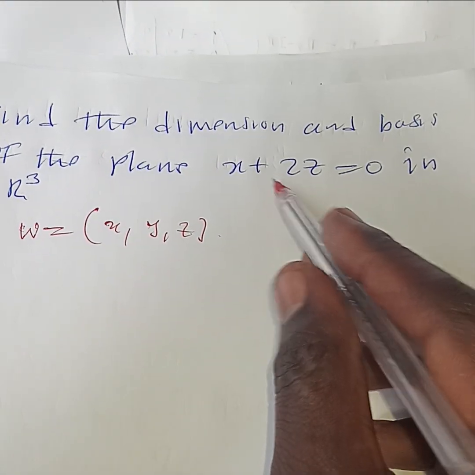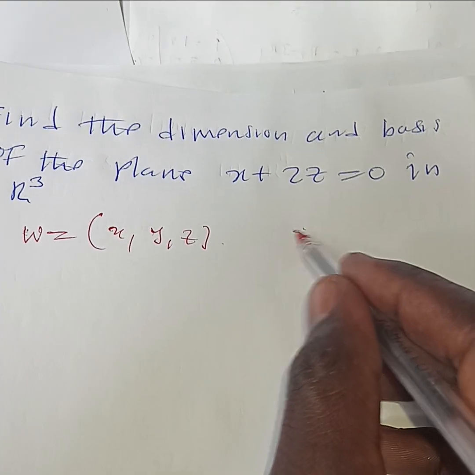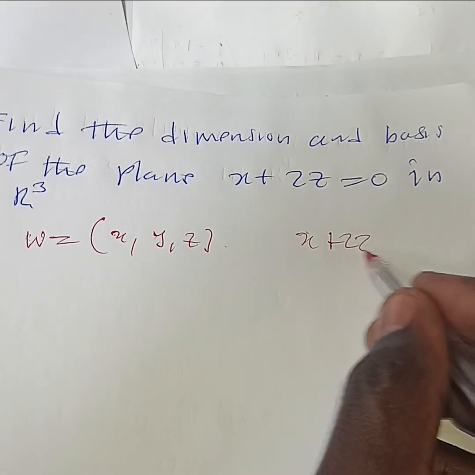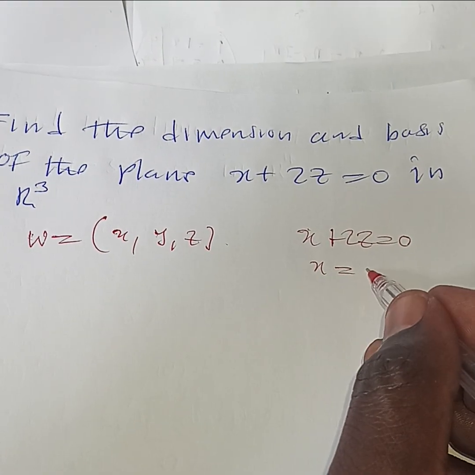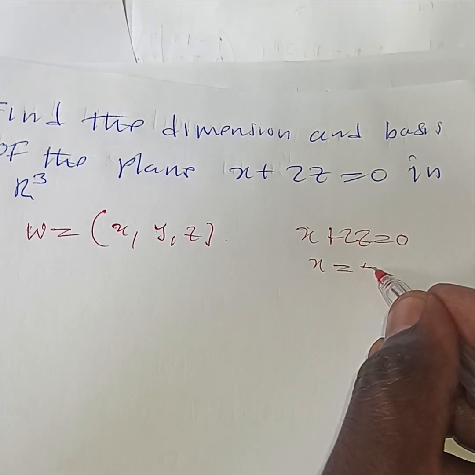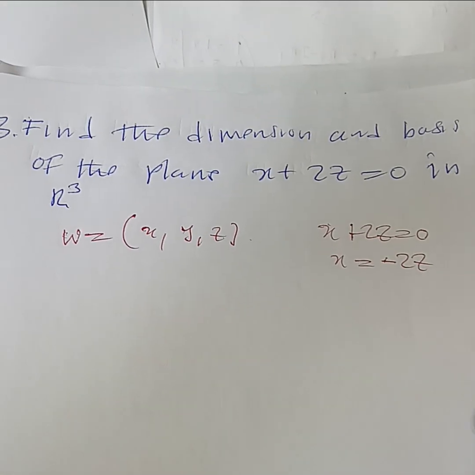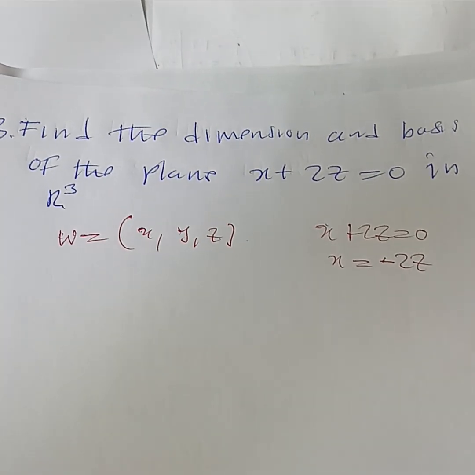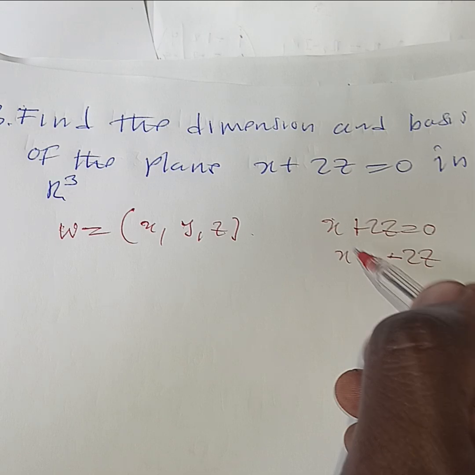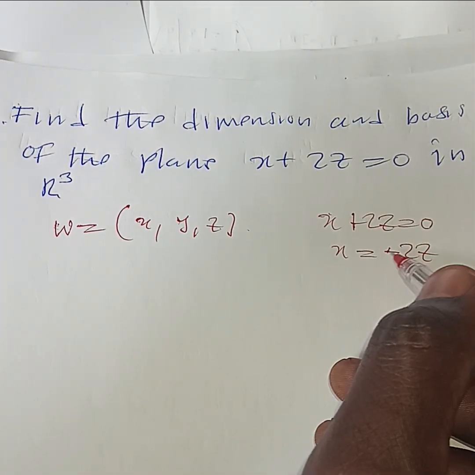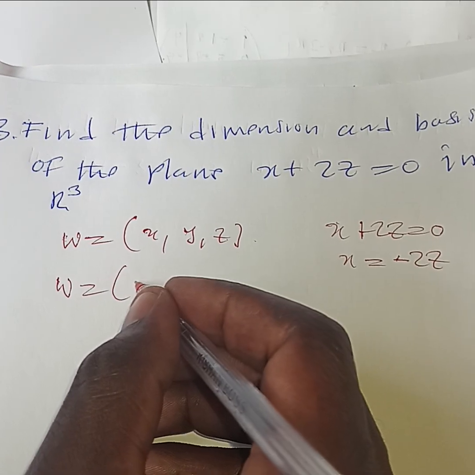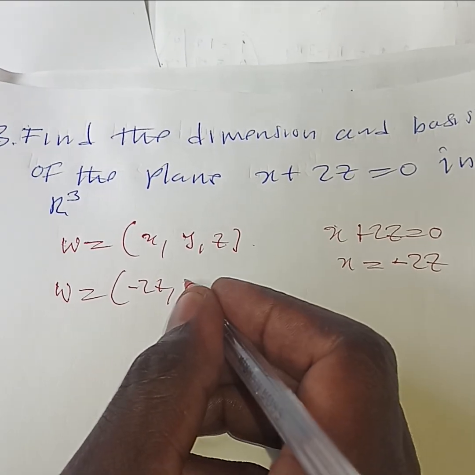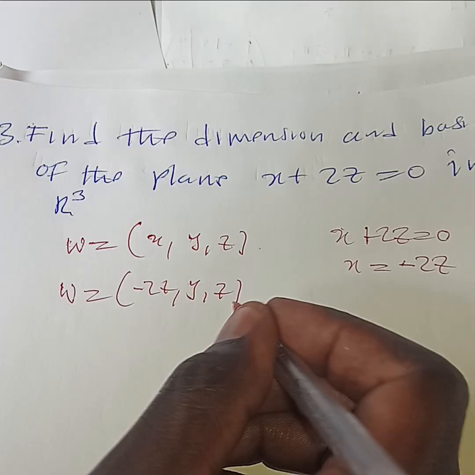We make x the subject of the formula: x equals negative 2z. We replace x with negative 2z, so W equals negative 2z, y, z.